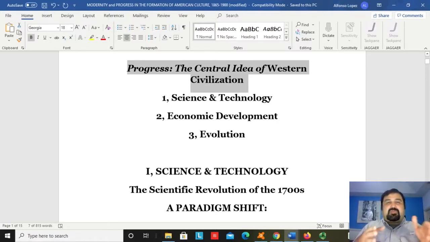Okay, so there were three areas that people considered that progress was inevitable and that it was taking place and that humans had to participate in, in other words, in the late 19th century.